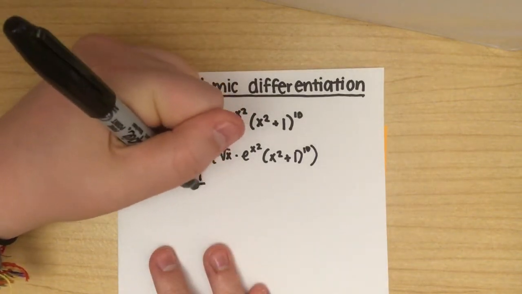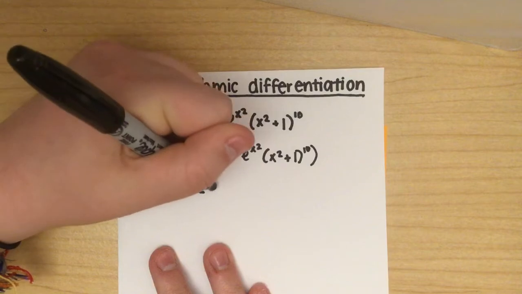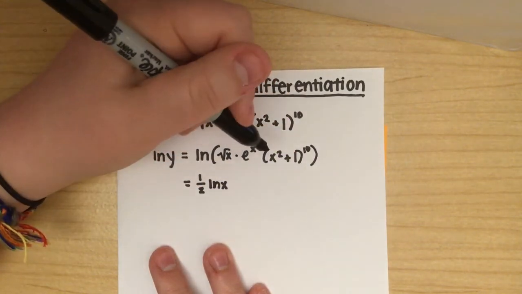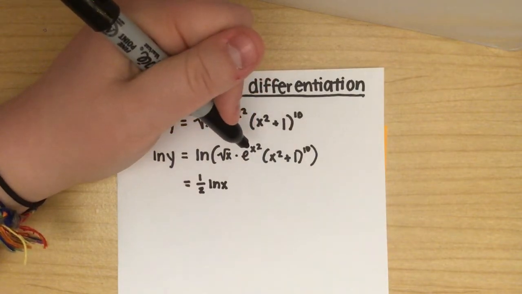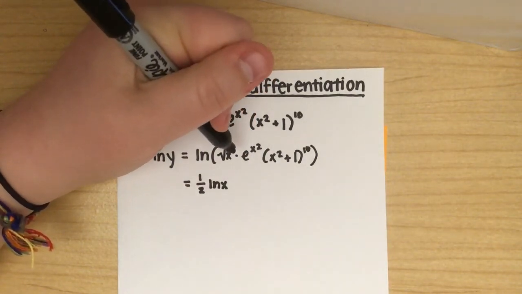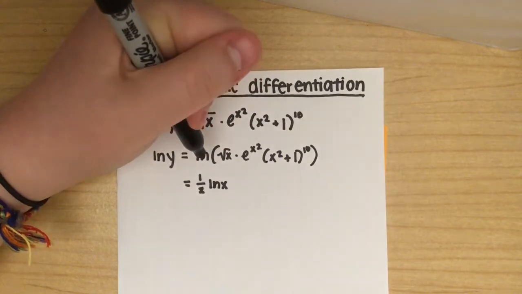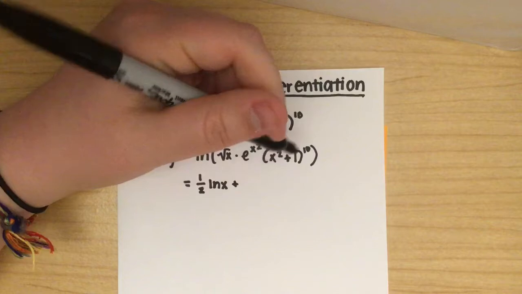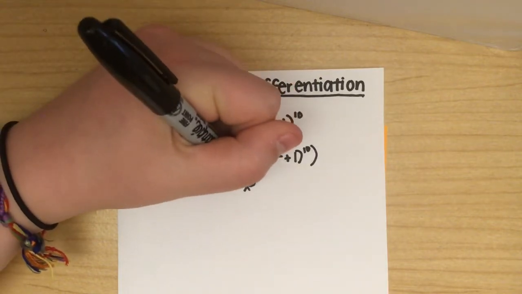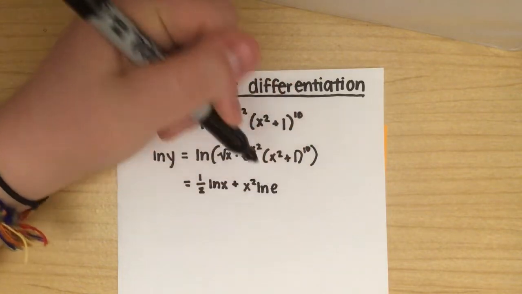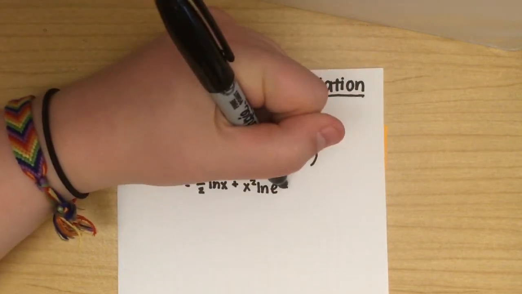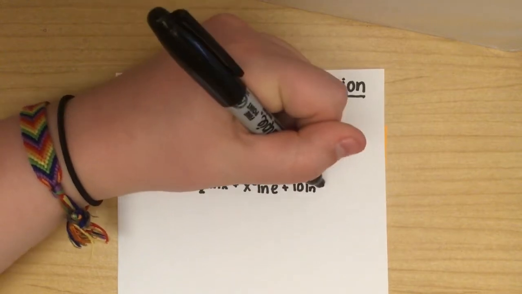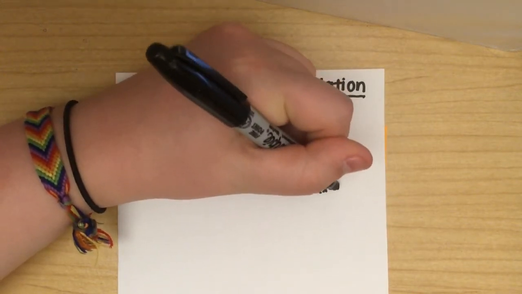So this will be 1/2 ln of x, and then this e to the x squared. Also, we can split this up because when it's multiplied in a natural log, they will be added together. So this will be plus x squared ln of e, and then plus 10 ln of x squared plus 1.